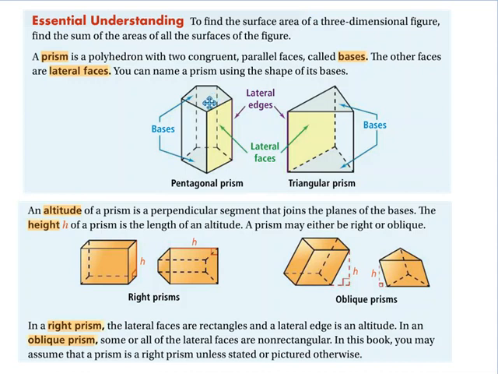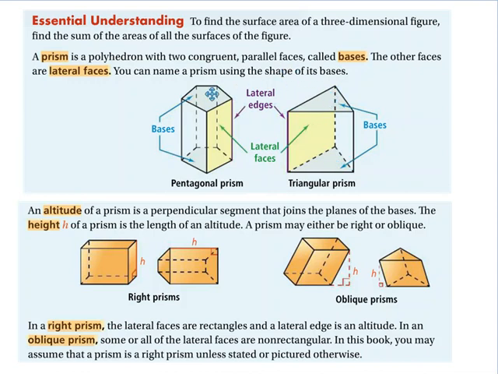Most cardboard boxes or cereal boxes aren't shaped like this, but this prism has a pentagon, in other words, 5 edges on 2 opposite ends, and so we would call that a pentagonal prism. This one next to it has triangles at opposite ends, and we would call this a triangular prism.